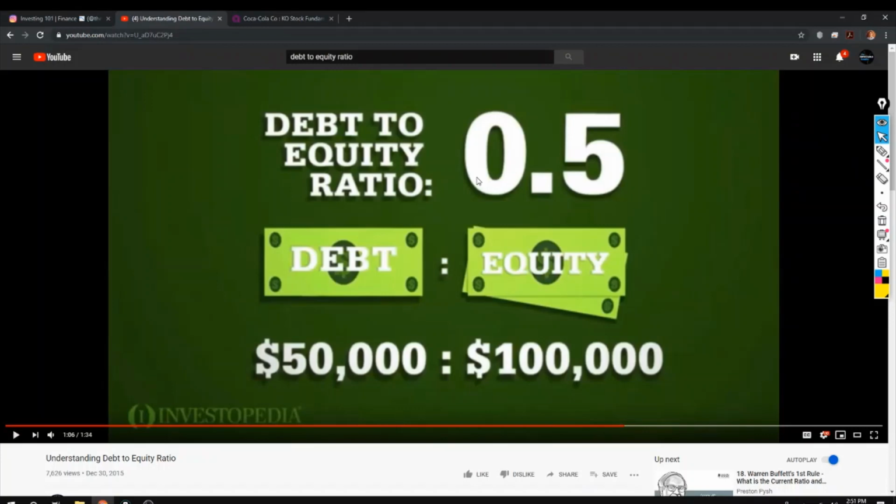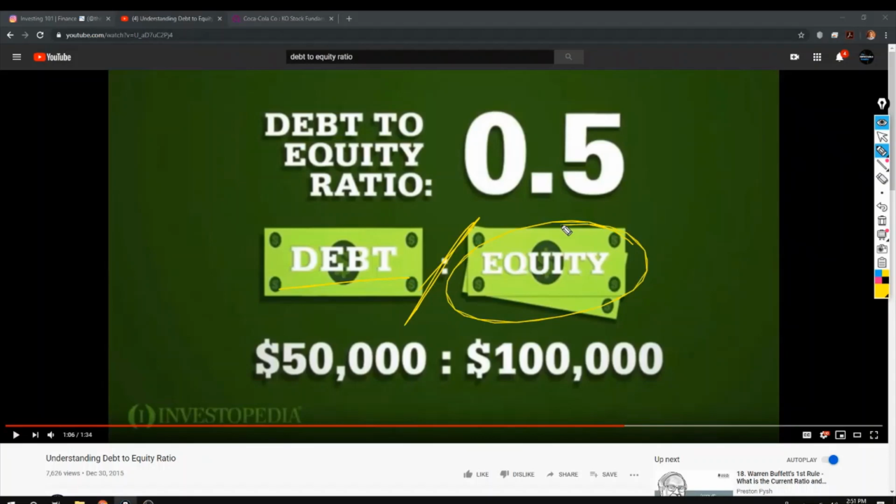So this is simply a debt to equity ratio, which is dividing the debt by the equity. Here, this is debt and we're dividing that by equity. What we're going for is, for long term, you're looking for a lower debt to equity ratio.